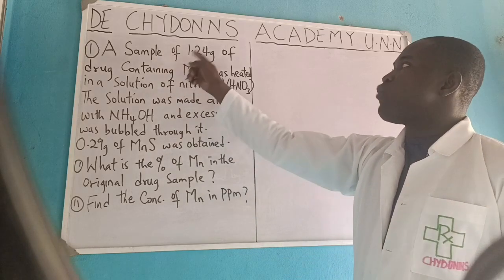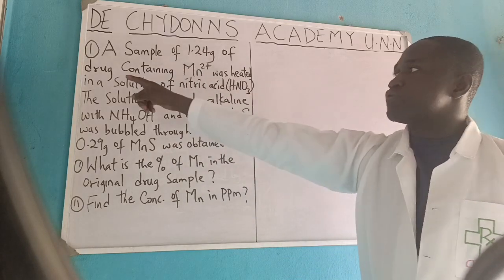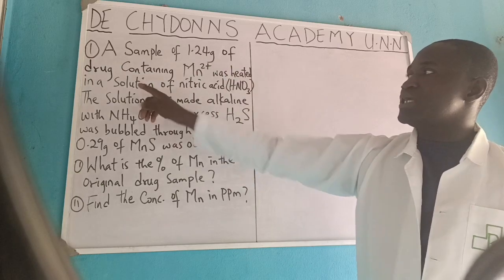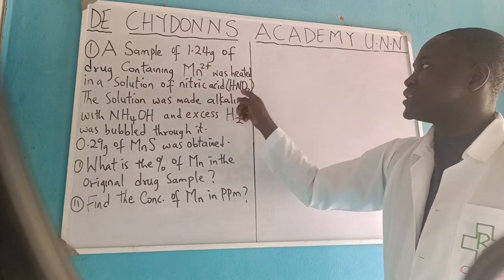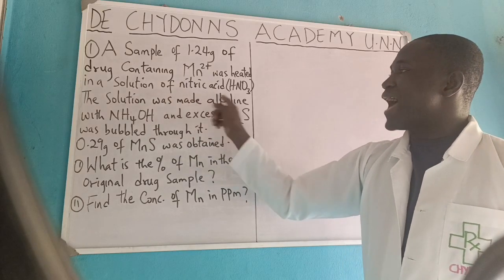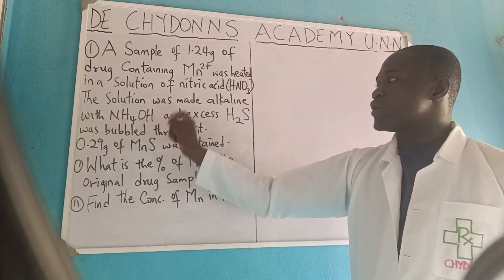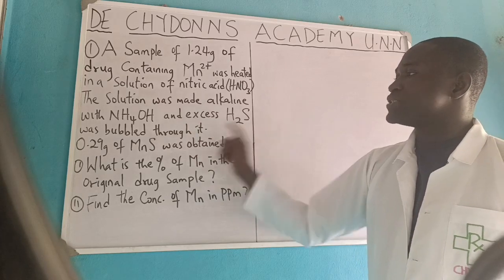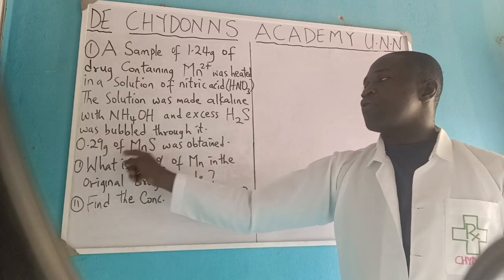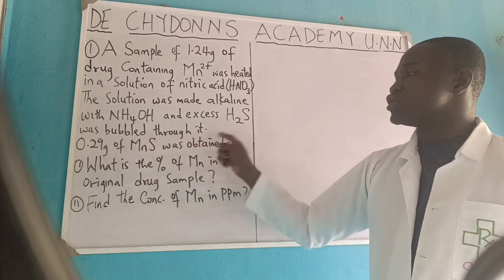A sample of 1.24 gram of a drug containing manganese was heated in a solution of nitric acid, HNO3. The solution was made alkaline with ammonium hydroxide and excess H2S was bubbled through it. 0.29 gram of manganese sulfide was obtained.